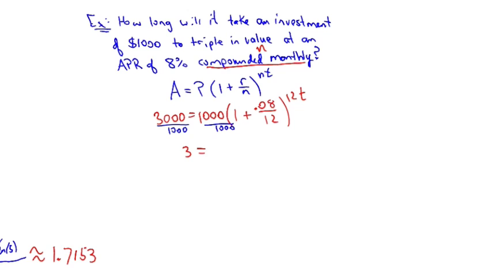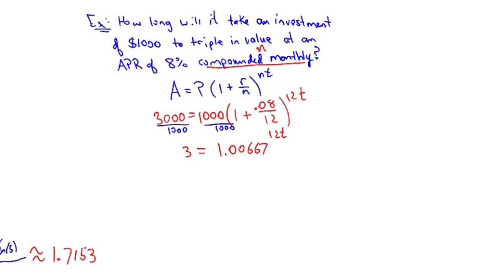So 1 plus 0.08 divided by 12 is 1.00666666, well, I'm not going to write all of them. So 1.00 and then a bunch of sixes, 6 repeating. I'll write that much, raised to the 12t.